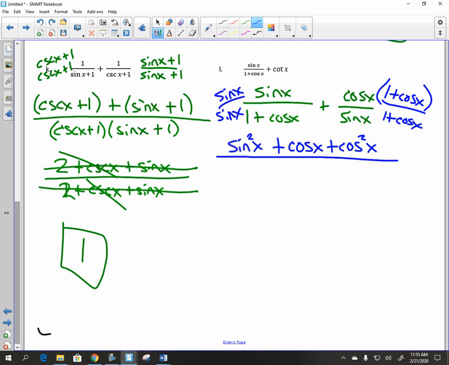Over sine of x times 1 plus cosine of x. Again, I don't like to multiply the denominator out. Question. It is. Sine squared is 1 minus cosine squared. Yep, so you could insert that, but there's something else that you can do as well.